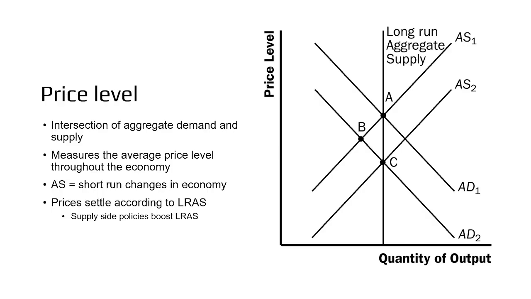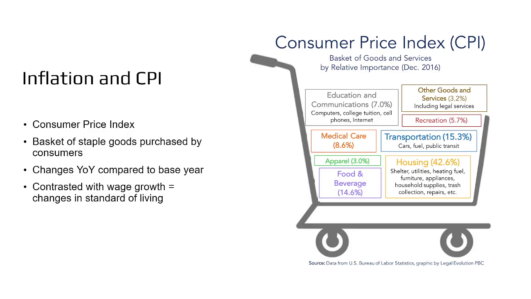And then, where these intersect is how you determine the price level. Now, price level is more commonly referred to as inflation, and the most common method for measuring the level of inflation in an economy year on year is through what we call the Consumer Price Index. This Consumer Price Index, the CPI, is represented as a basket of goods that are purchased by consumers.